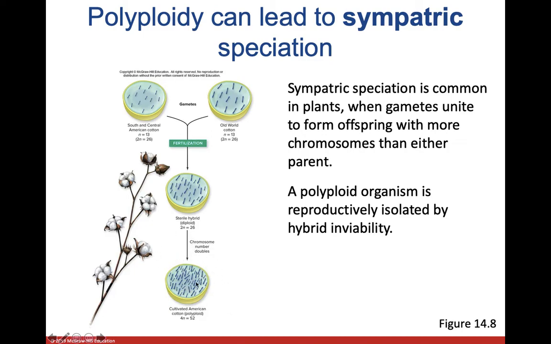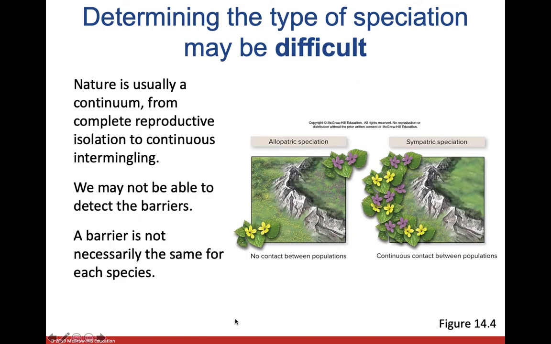It can't reproduce by itself, but it produces the best of both worlds for plants. You get lots of cotton without a lot of leaves, kind of thing. Whereas this one has a lot of cotton and a lot of leaves, and this one has not a lot of leaves but not a lot of cotton. So you get the best of both worlds. But this type of organism in a plant world cannot survive without our intervention. We help this type of plant to survive.